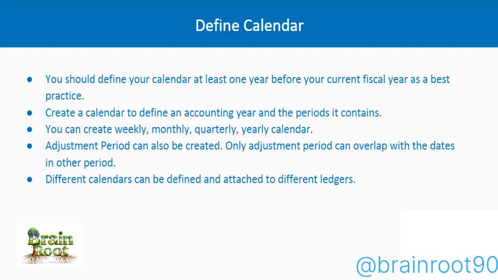In some of the implementations, they make a decision that they will not migrate the historical transactions. They will just create the open transactions and upload them on a certain particular date.